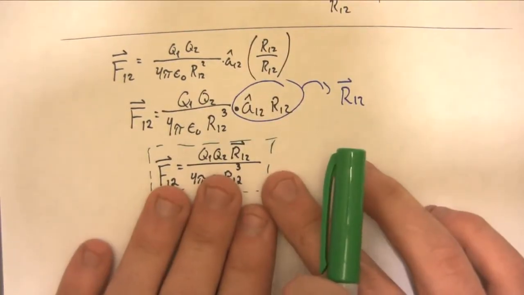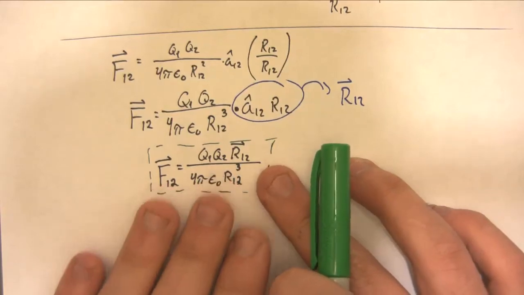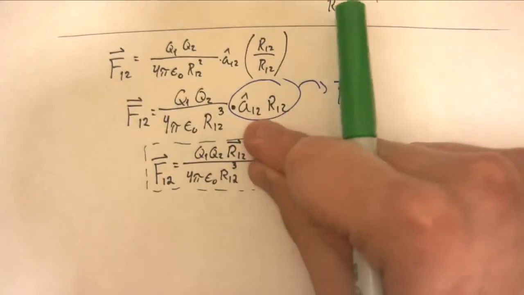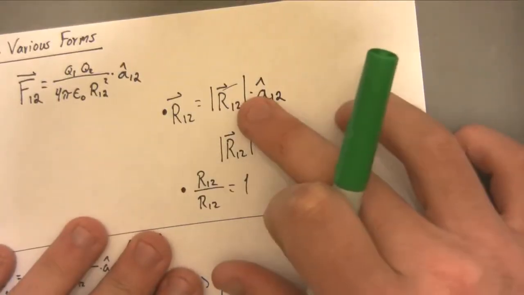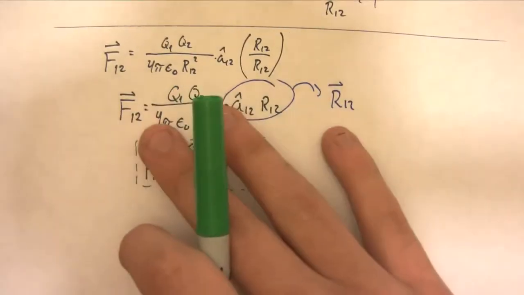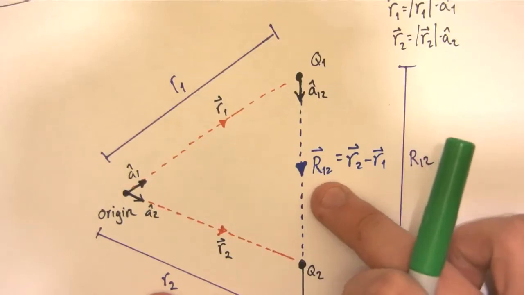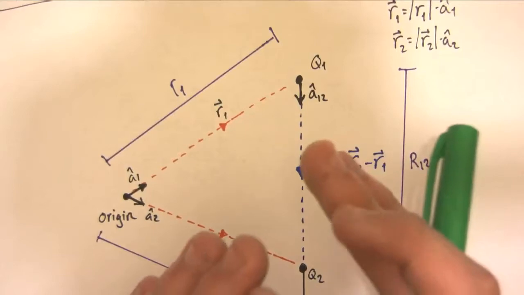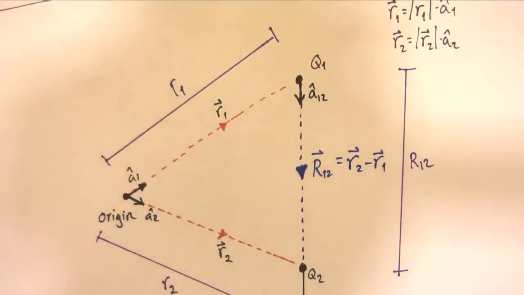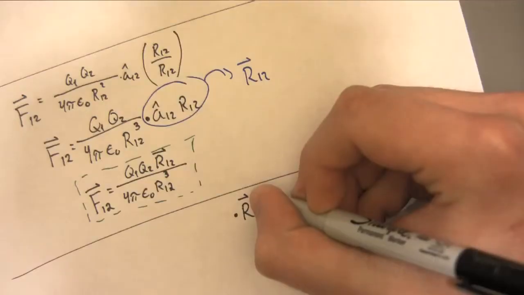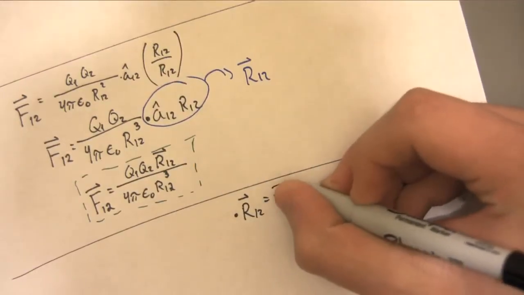Now that we have our R12 here, we can twist it around a little bit more. Now, we know our R12 is, in fact, equal to our magnitude and our unit vector multiplied. It's also equal to something else. If we refer back to the diagram, we stated R12 vector is also equal to R2 minus R1. We can use that. So let's go back and just write it here for the sake of not having to refer back and forth.